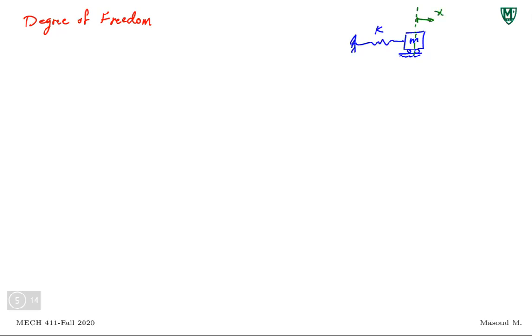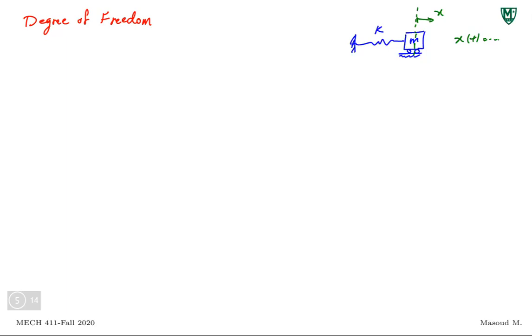As long as we could find some x(t) telling us where this mass is at any given moment, as long as we know the moment and we could find the system response, we could say where this system is.